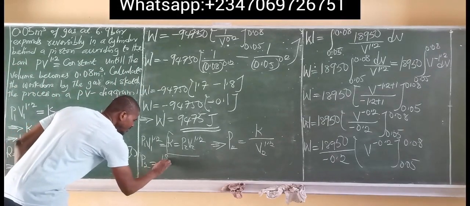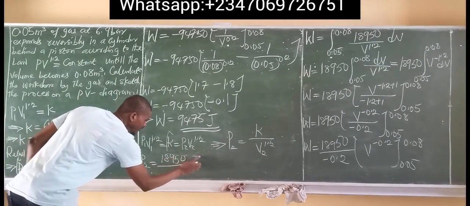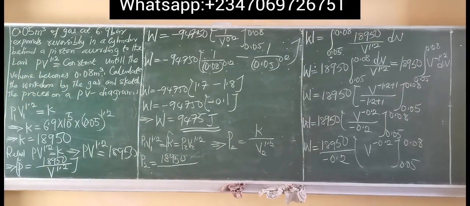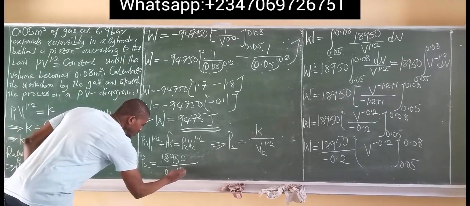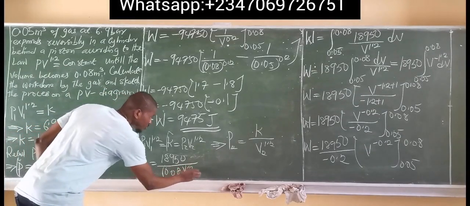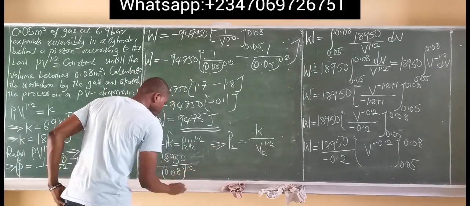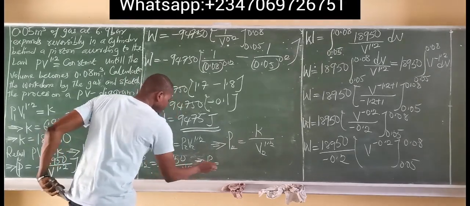So we have 18950 divided by V2, and in the question, the second volume was given as 0.08 meter cube. So 0.08 to the power of 1.2, not forgetting, to the power of 1.2. So I'm going to put everything in at once to obtain the value for P2.